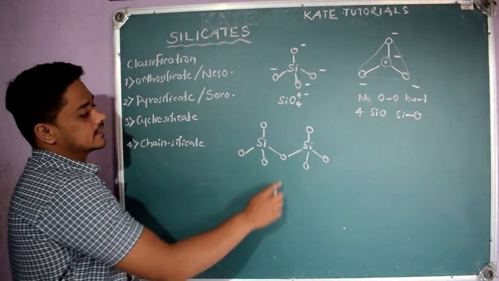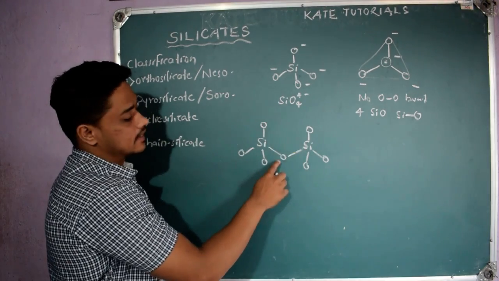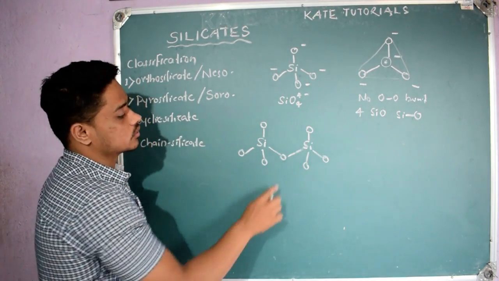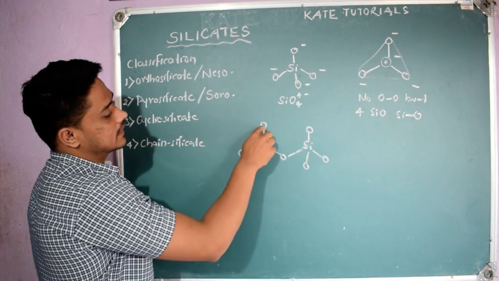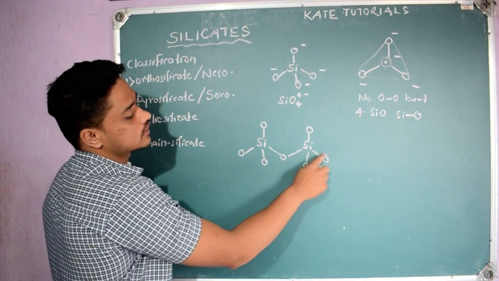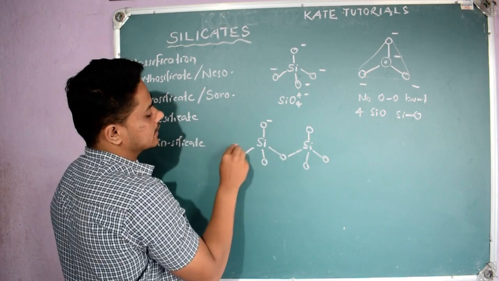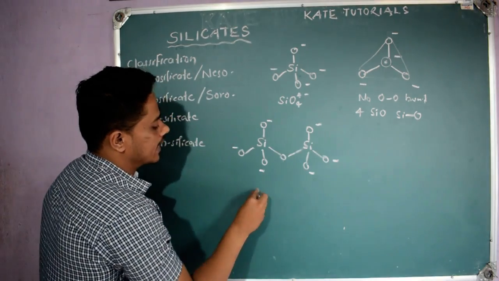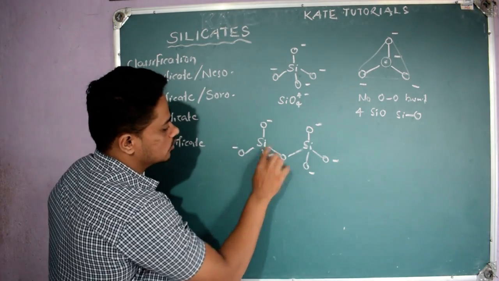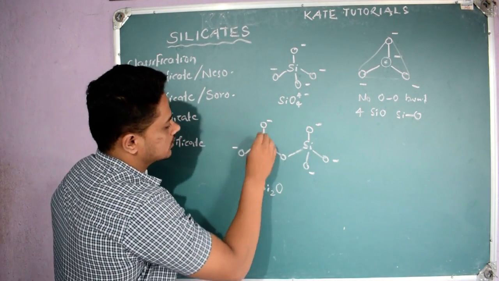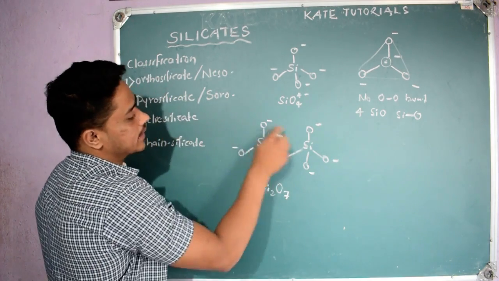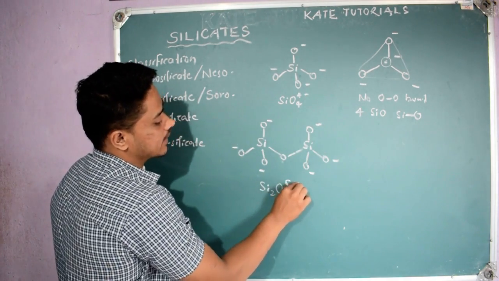Since this oxygen has satisfied the octet rule, one oxygen can have only 2 bonds, so there is no negative charge. Since the other oxygen has only 1 bond, they will have negative charge like this. So the formula will be Si2O7, 1 2 3 4 5 6 7, O7, 3 minus here, 3 minus here, so 6 minus, right?